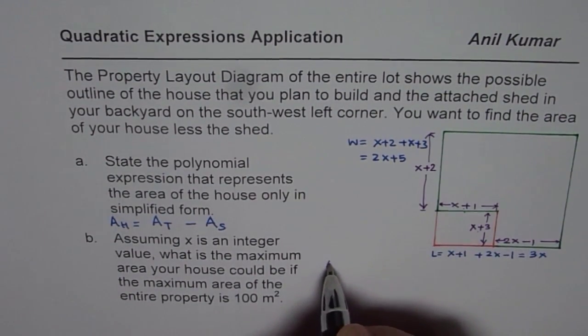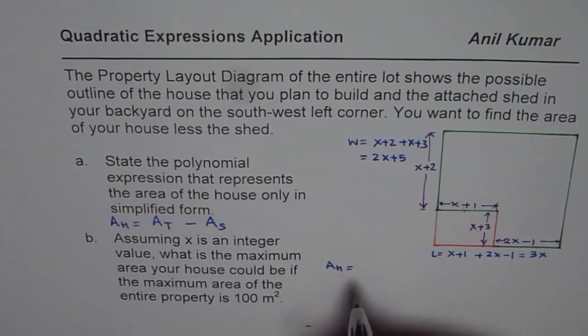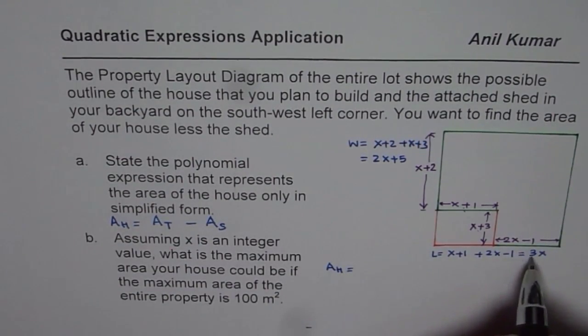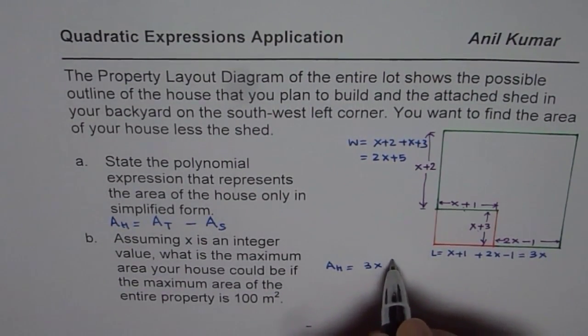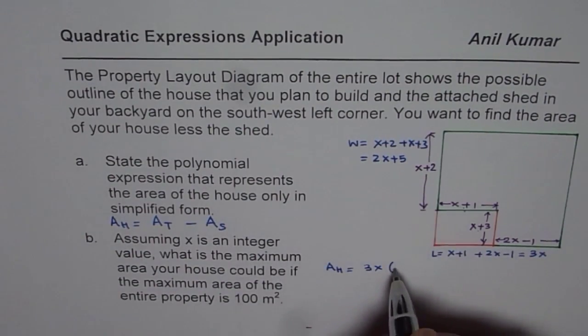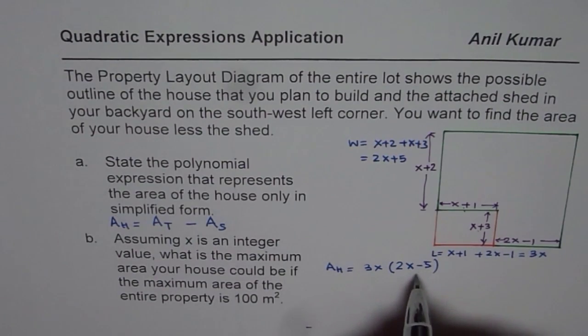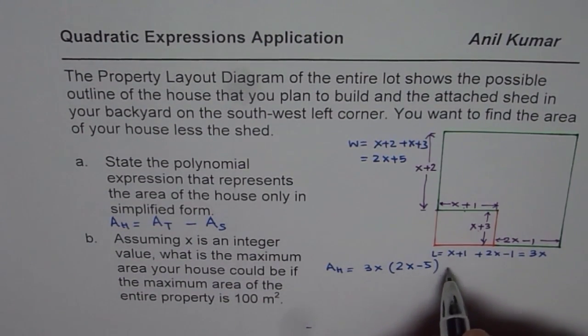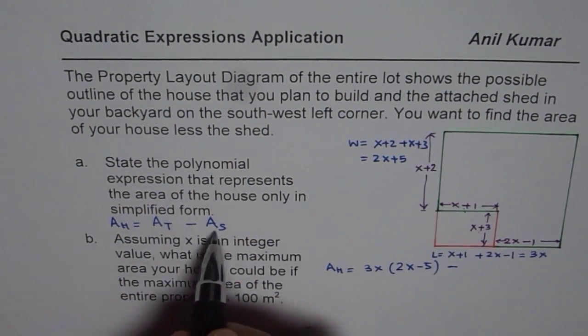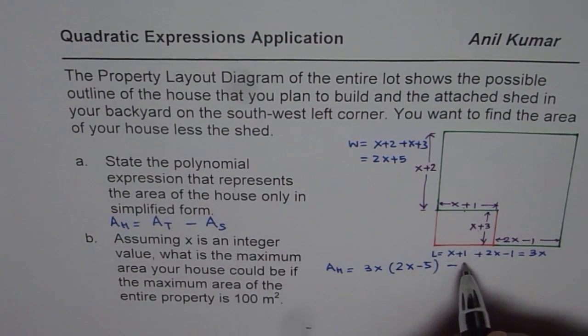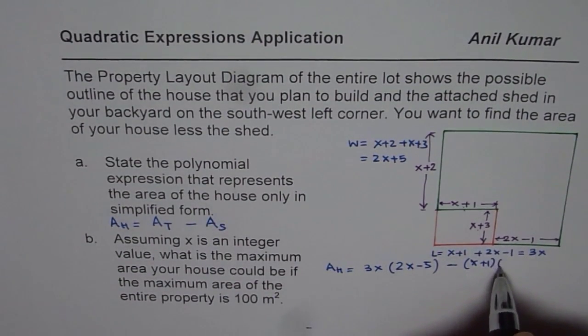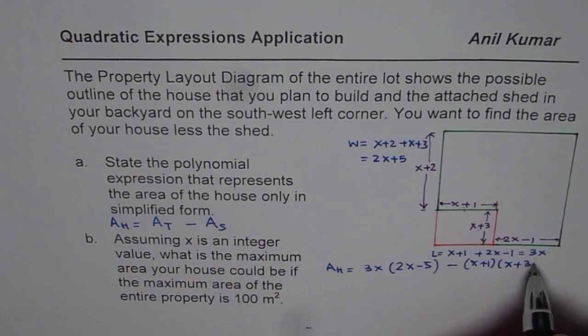Area of the house is equal to total length 3x times the width, which is 2x plus 5. So that is the lot, right? The area of total lot minus area of the shed. Area of the shed is x plus 1 times x plus 3, correct?